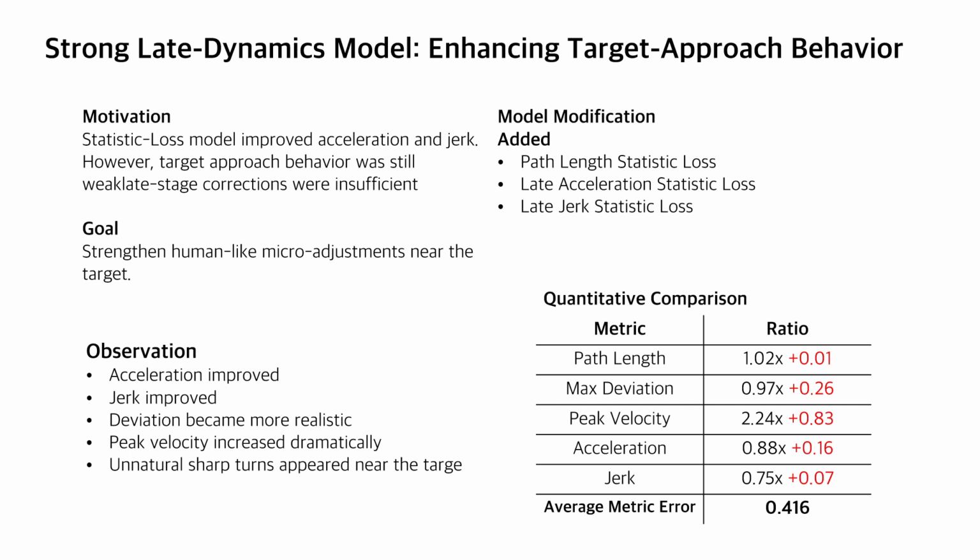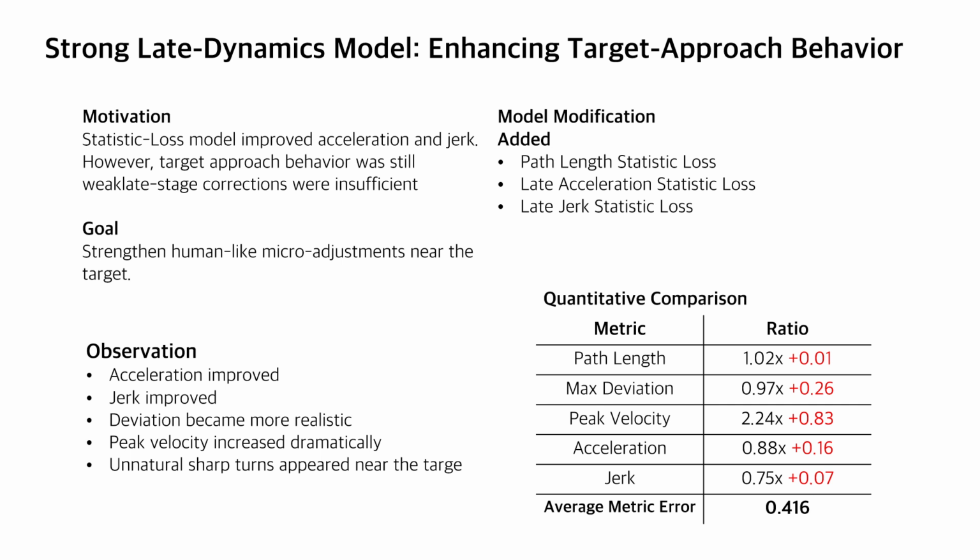Although the model is successful, we observed that the generated trajectories still lacked sufficient corrections near the target. Therefore, we introduced fetch length statistic loss together with the late acceleration and late jerk losses. These losses specifically focus on the final phase of movement, where humans often perform fine corrective actions before reaching the target.